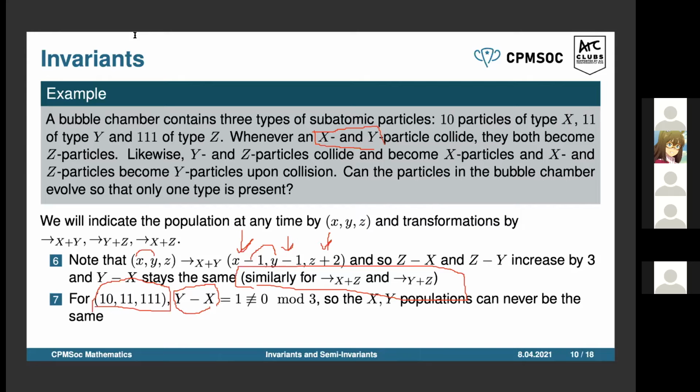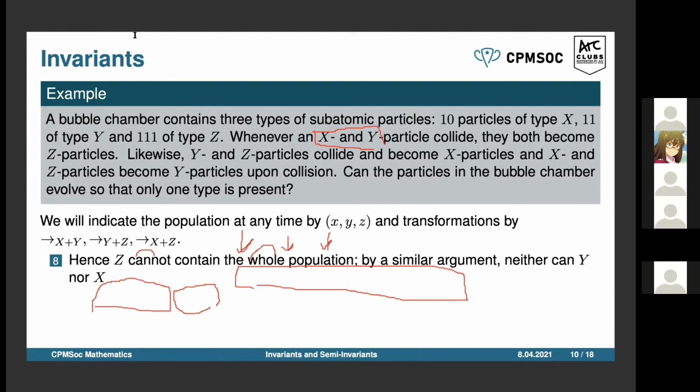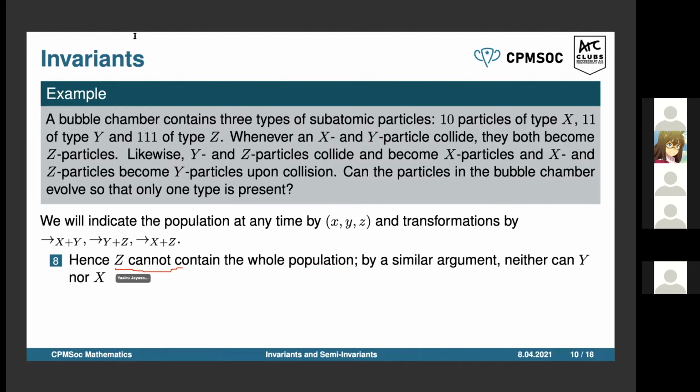Okay, so you can go to the next dot point, and we get a similar conclusion for the other 2, for Y and Z and for Z and X. So since X and Y can't have the same number of particles, you can't have only Z's, because if you had only Z's, then you'd have 0 X's and 0 Y's, but X and Y can't be the same.